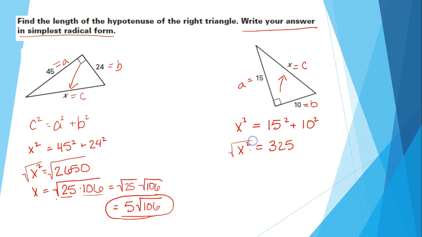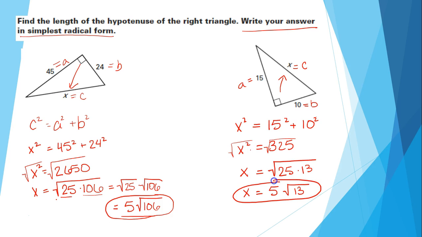Taking the square root of both sides of this equation to get x all by itself, I get this value here. Again, 25 is a factor of 325, and that splits into 25 and 13. 13 is a prime number. It definitely does not have any other factors that you can take the square root of. So the square root of 25 is 5. The square root of 13 is just that, the square root of 13. So this is my value for x.